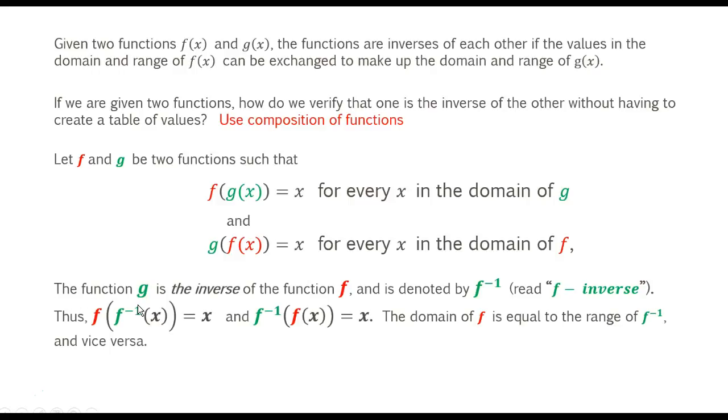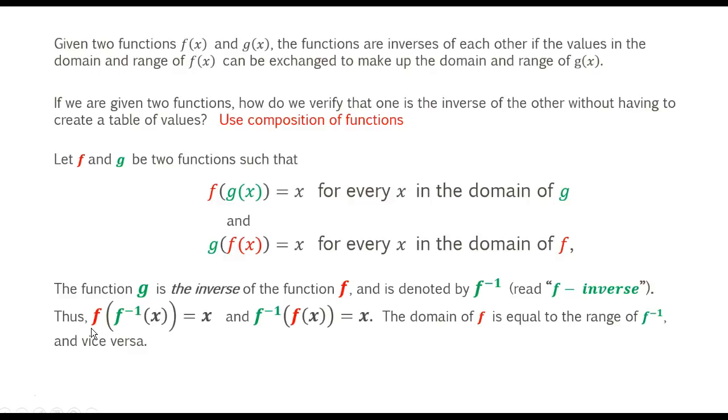The function g is the inverse of the function f. And the way we denote it is by using f with a little -1 here. It looks like an exponent, but it's really not. You don't do any calculations with it. It's just notation. The way you read this is f inverse.